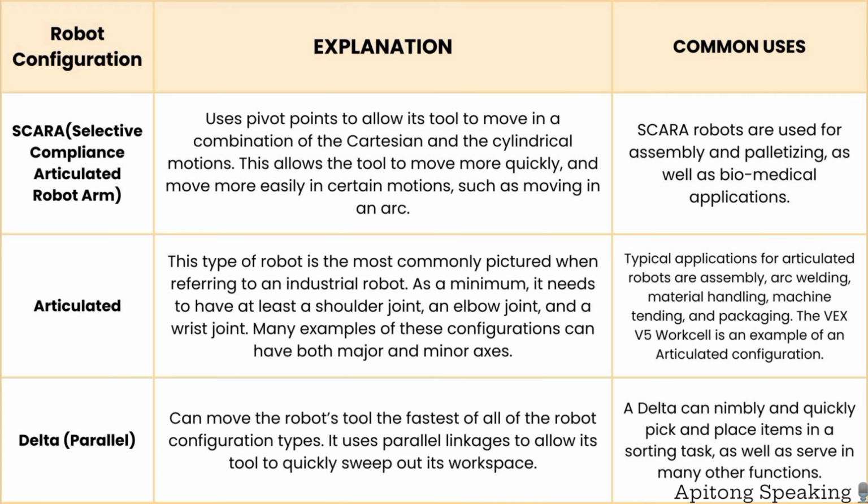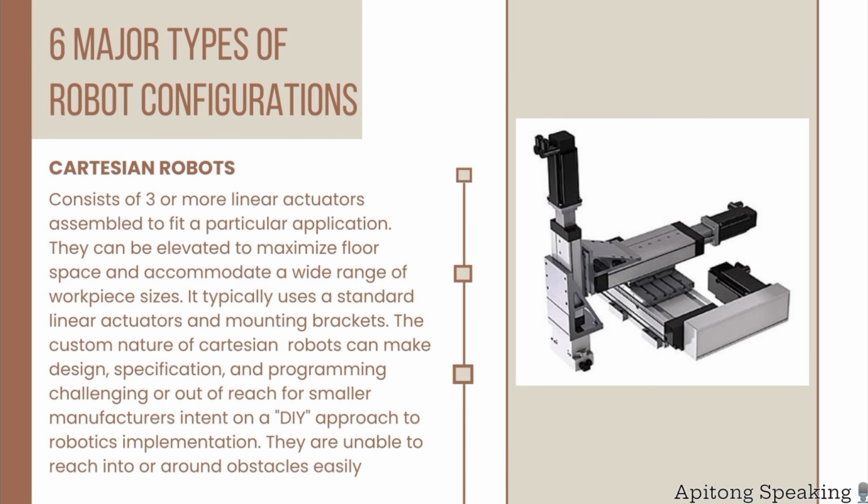To add more description about the 6 major types of robot configurations, in this slide you can see a Cartesian robot and its details, more details from the previous slides. So it consists of 3 or more linear actuators assembled to fit a particular application.